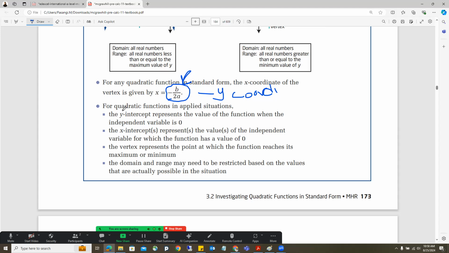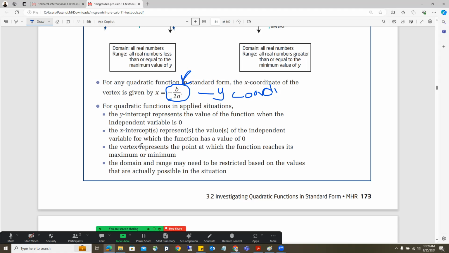For quadratic functions in applied situations, the y-intercept represents the value of the function when the independent variable is 0, and the x-intercept represents the values of the independent variable for which the function has a value of 0.